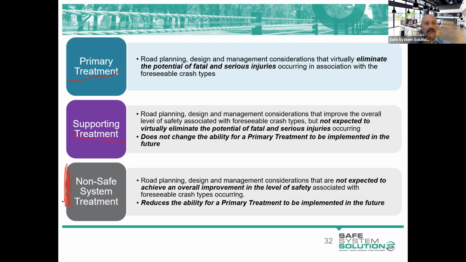Because we know that it does a good job in reducing crashes, but we know when they still occur, they're at the same speed, they're pretty much the same angle, and death and serious injury is still going to occur when that crash happens, and we haven't eliminated the chance that it'll happen.